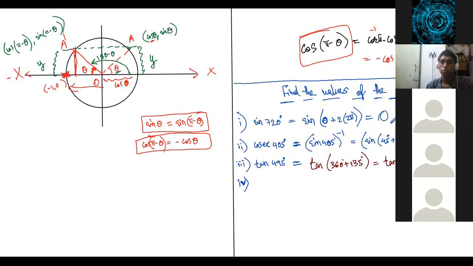Sir, I'll just calculate and tell you. Sir, we can do it as sine 45 degrees over... -1. Yes, sir, -1. Okay. So this is the value of tan 135. Worth remembering. Or tan 3 pi by 4. Any doubts here? No, sir.